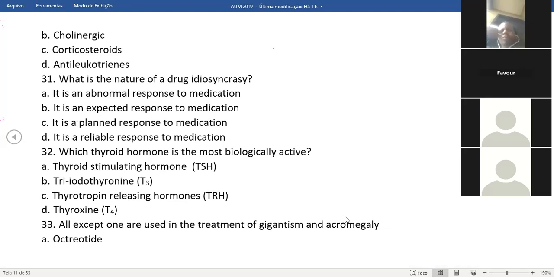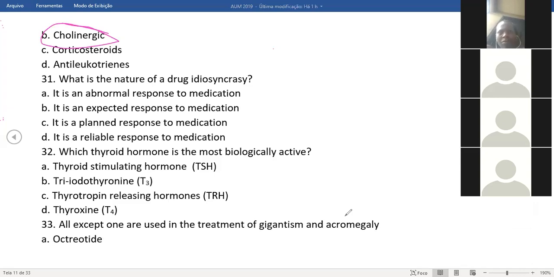We use anticholinergic, ipratropium, not cholinergic. So the answer is cholinergic, because ipratropium is used in treatment and is an anticholinergic, not cholinergic.